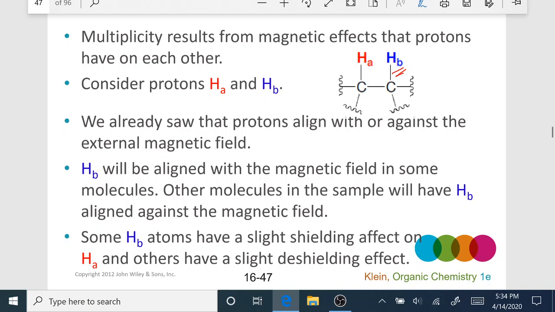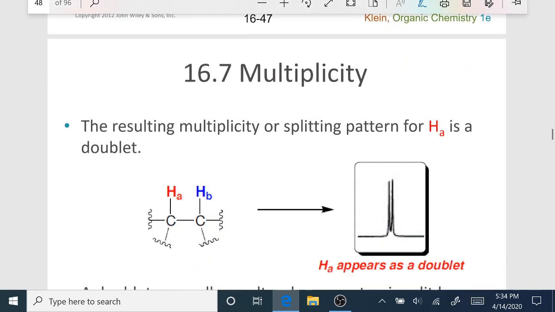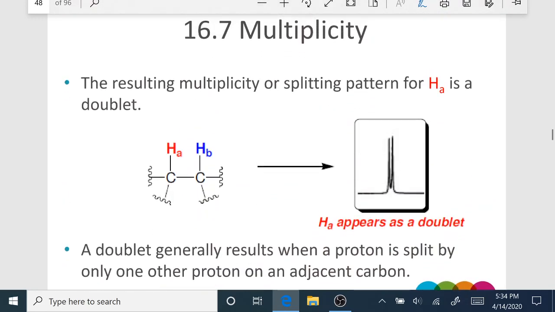And that means it's going to either add to or take away from the external field, and that will affect the signal in the NMR, because remember, we're dividing by the value of the external field in order to get our signal. So it's going to either add to or take away from. So for HA, HB can be aligned with the field or against the field, and that's going to split HA into having 2 possibilities.